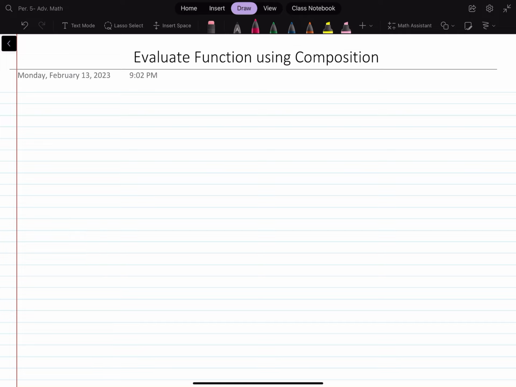So let's go straight into an example. Given f of x and g of x, evaluate each function. I am going to go ahead and give you f of x, defined as the absolute value of negative 2x.